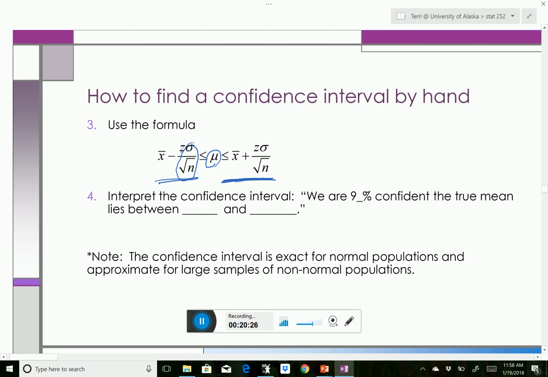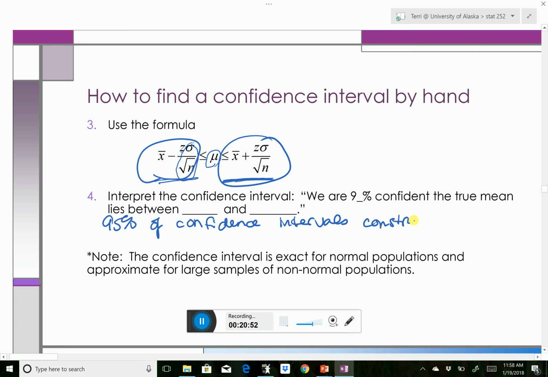We interpret the confidence interval like this: we are 95, whatever, percent confident that the true mean lies between this number and this number. And that's what we put right there. We could also say something like 95% of confidence intervals constructed will contain the true mean.